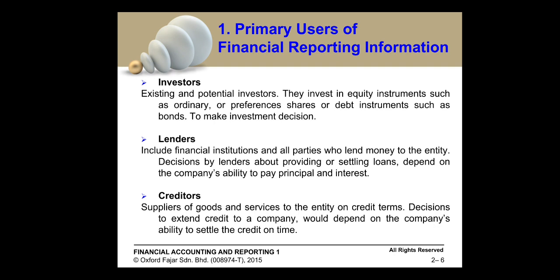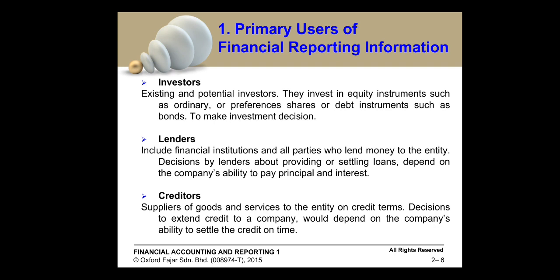So lenders, which are banks and financial institutions, read the financial statement of a company because they want to make a lending decision. Lending decision means to give loan or not to give loan.